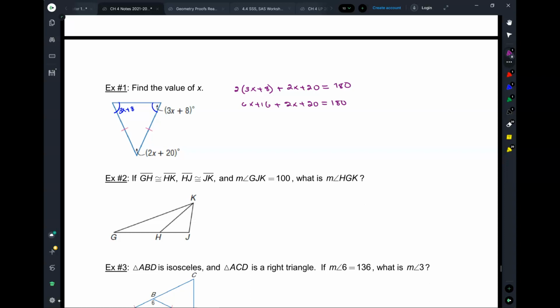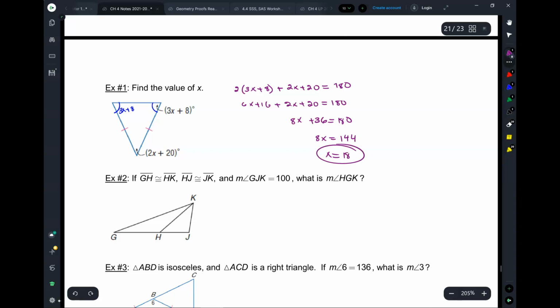So this one here will be 8x plus 36 equals 180. Subtract 36, and 8x is 144. So x is 18.